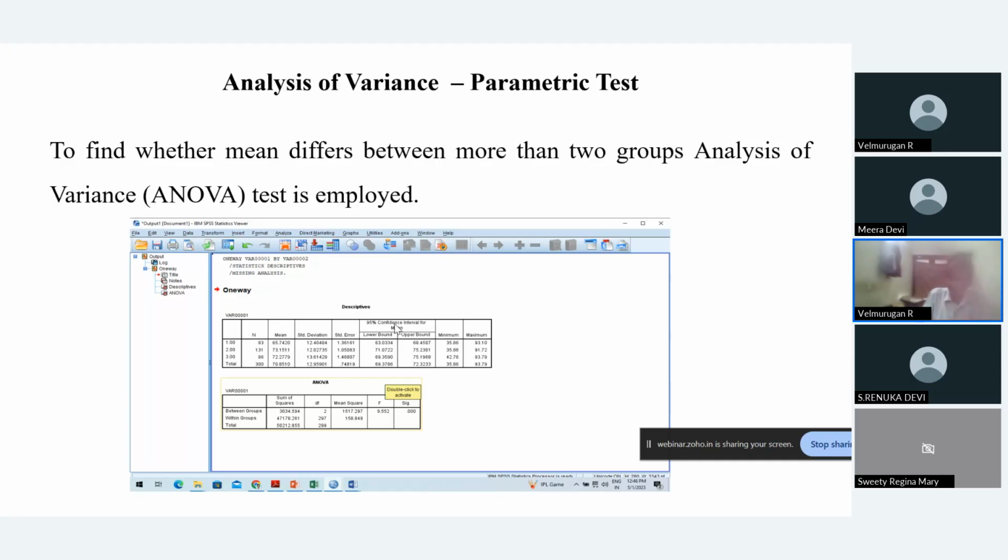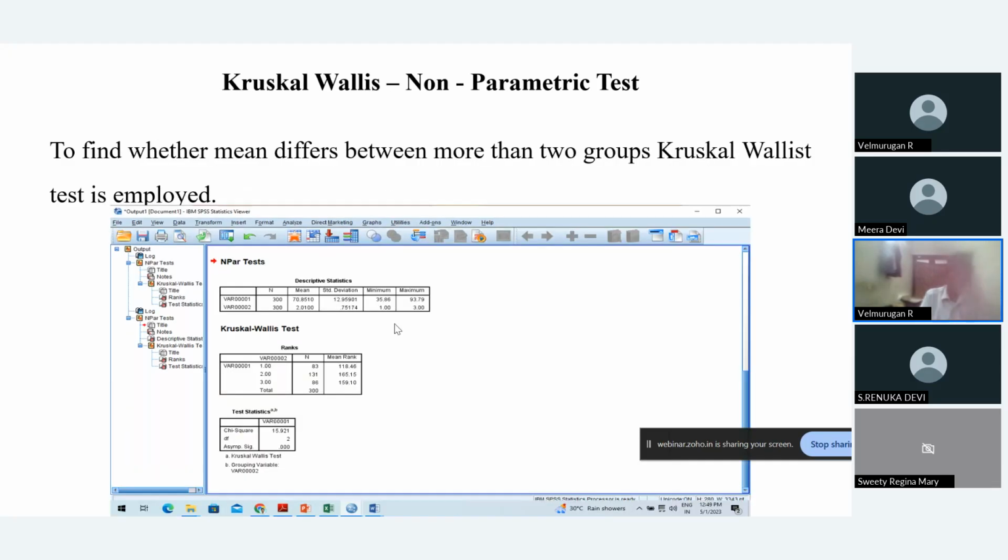The equivalent non-parametric test is the Kruskal-Wallis H test. The purpose of computing analysis of variance and the Kruskal-Wallis H test is one and the same: to measure whether the mean differs across more than two groups.